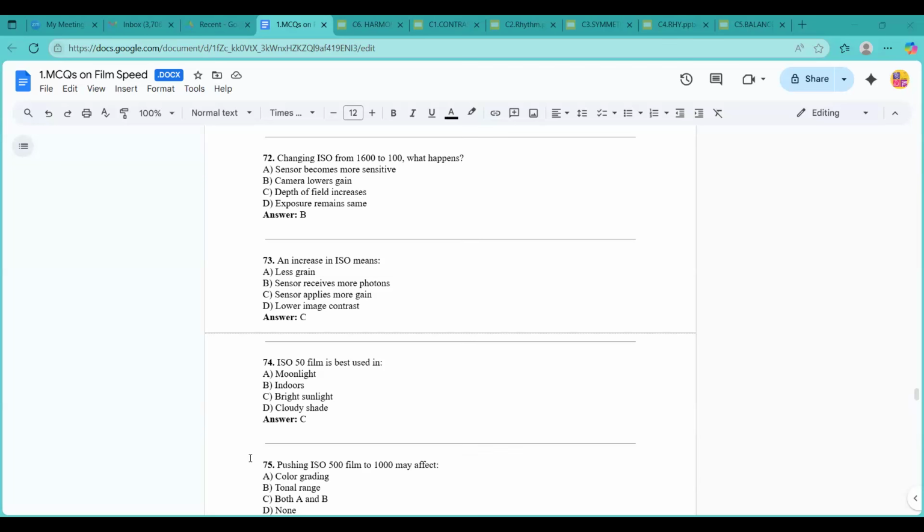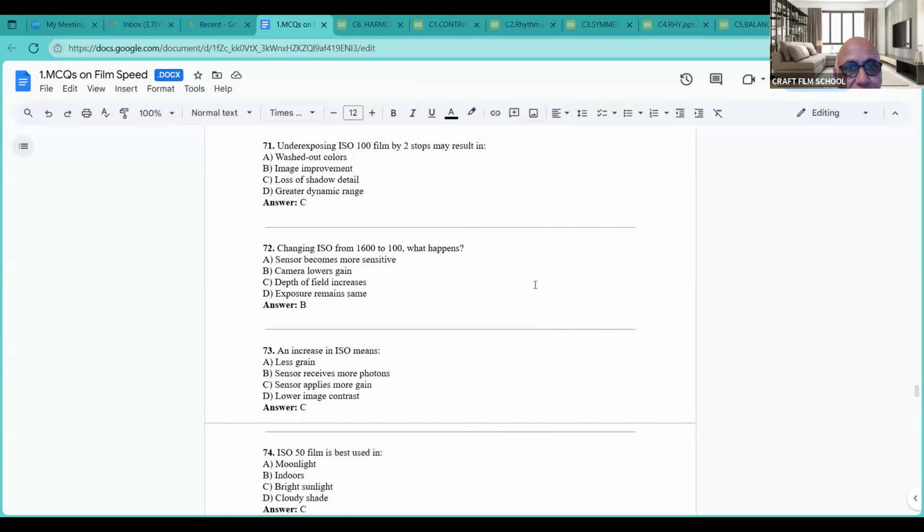Changing ISO from 1600 to 100, what happens? Sensor becomes more sensitive, camera lowers the gain, depth of field increases, exposure remains the same. Now it's a little difficult to understand. It says the camera lowers the gain. The sensor itself will be the same. The sensor does not become more sensitive.